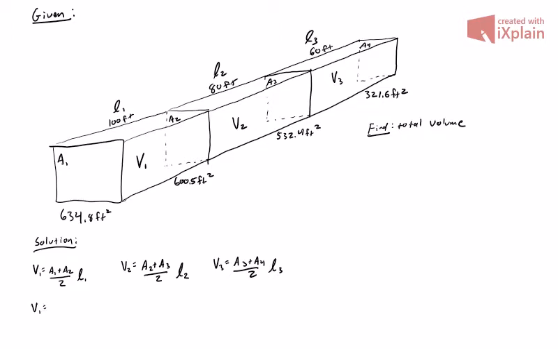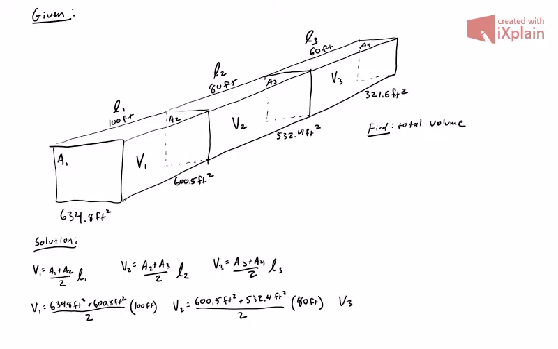So for V1, we're going to have 634.8 feet squared plus 600.5 feet squared all over 2 times 100 feet. For V2, we're going to have 600.5 feet squared plus 532.4 feet squared all over 2 times 80 feet.